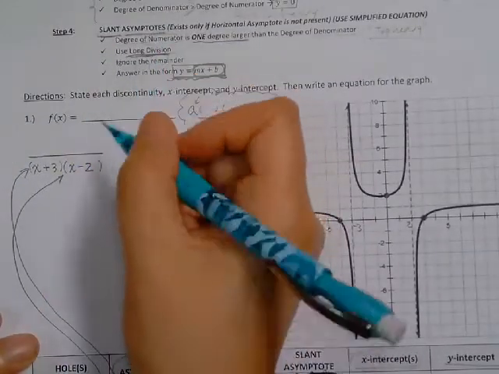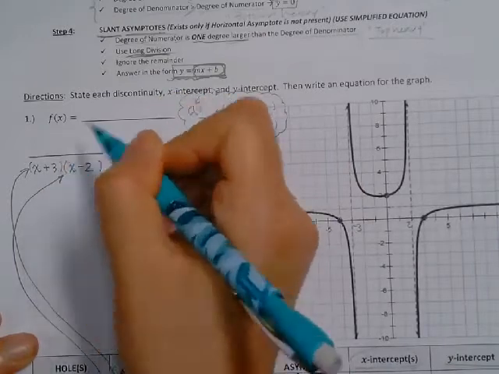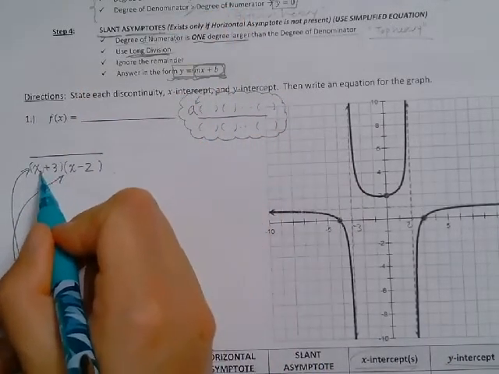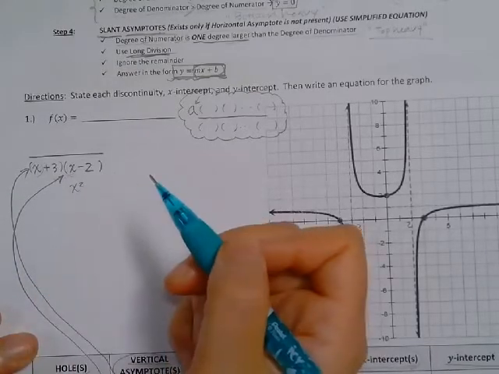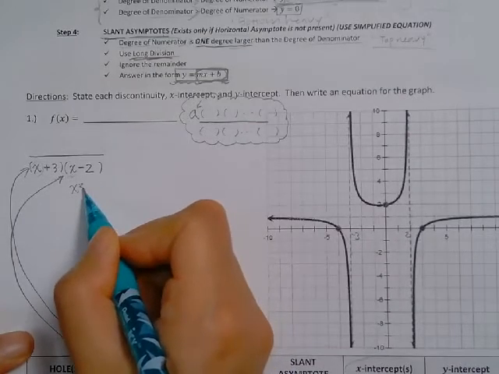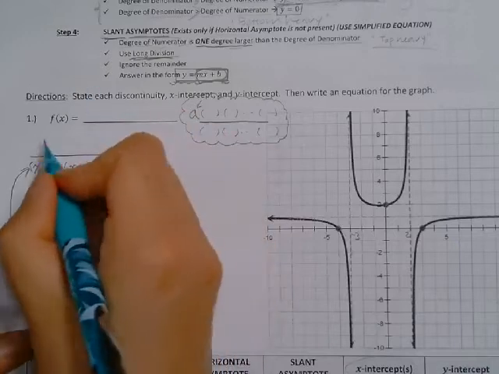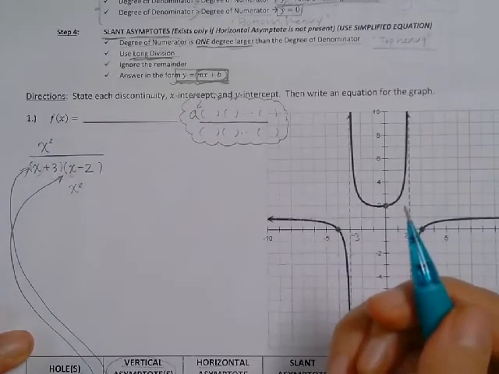So let's figure this out. First, the degree on the numerator should be 2. Why? Because this x multiplied by this x would make x squared on the bottom. So the highest degree is 2, and it has to match on top, so I have the highest degree x squared term there.